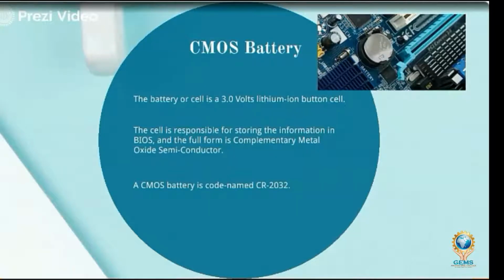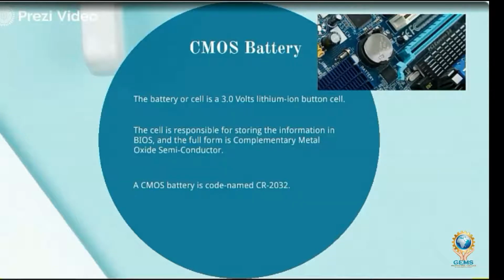CMOS is normally called complementary metal oxide semiconductor, and is also known as complementary symmetry metal oxide semiconductor. It is a type of metal oxide semiconductor field effect transistor fabrication process that uses complementary and symmetrical pairs of p-type and n-type MOSFETs for logical functions.